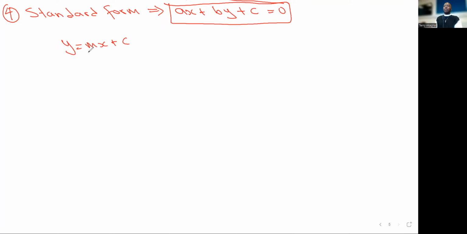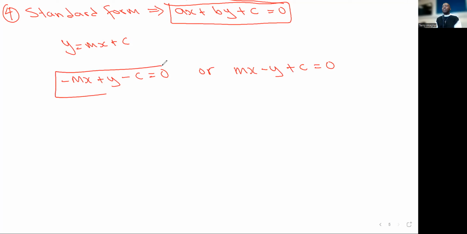So for instance, I'm going to solve it. You take the mx to the other side, so it'll be minus mx, then plus y, then you take c to the other side, minus c is equal to 0. Or you take y to the other side, it will be mx minus y plus c is equal to 0.